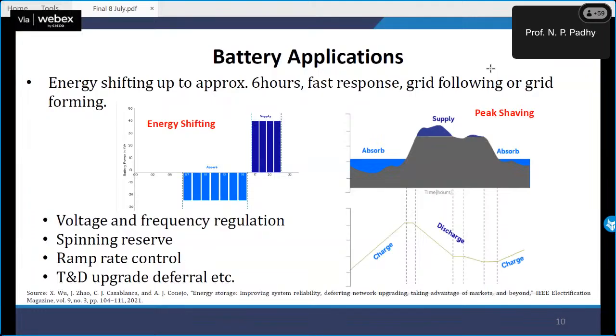What we do during the peak hours, we discharge the battery, and during off-peak hours we charge the battery, so that the load curve will be from the main grid. If you see the load or the generation supplied, excluding the battery, will be almost close to flat.